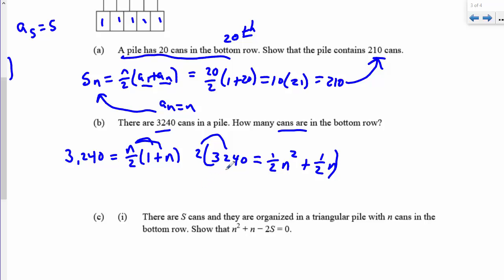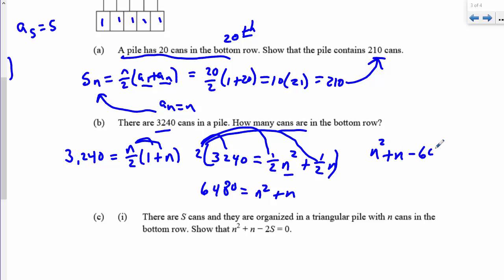So this is 2 times this. This is going to be 6,480. 2 times 1/2 is 1. That means it's going to go away, so now we just have n squared. 2 times 1/2 over here is also 1, so all we're going to have again is n. If I rearrange this equation on the bottom, that's going to give me n squared plus n minus 6,480 is in fact equal to 0.